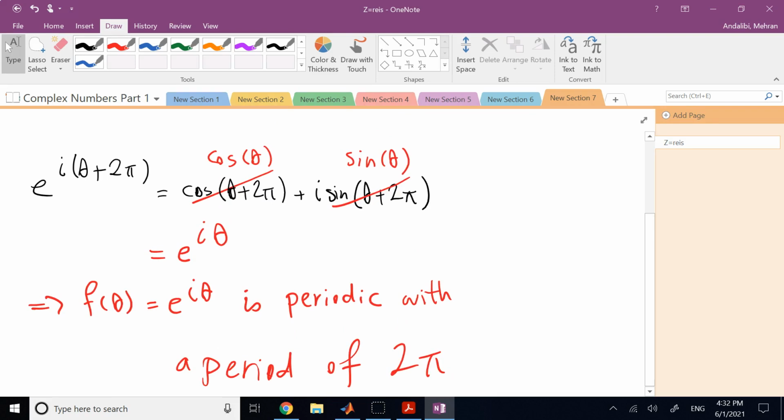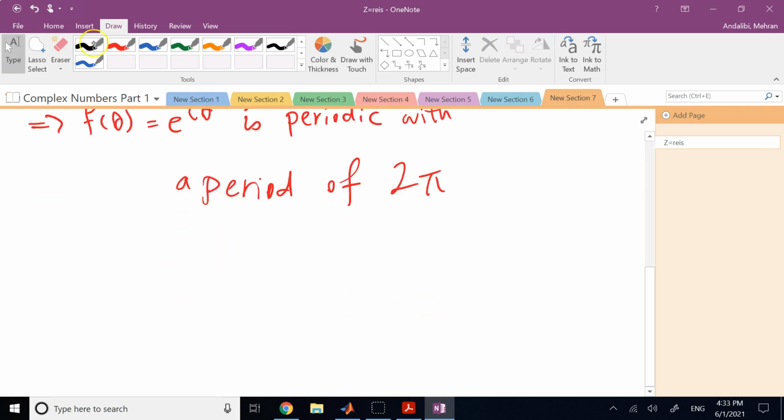So now let's look at this. What about this function, e to the I theta over 2? How much should I add to theta so that the result of this reevaluation of this function will be the same as the original one? In other words, this guy is also periodic, but with what period?